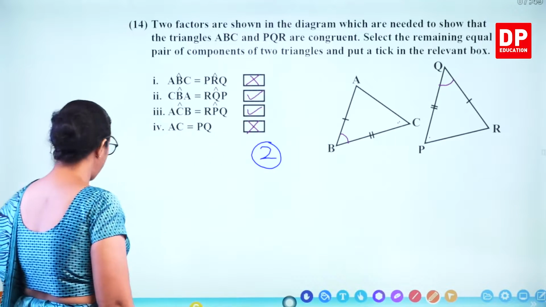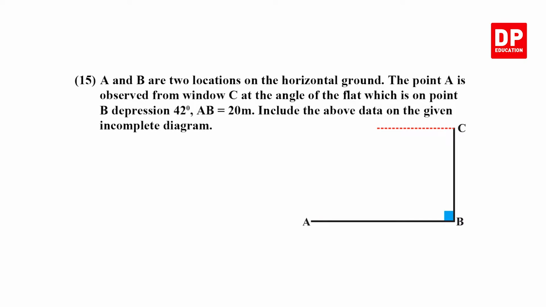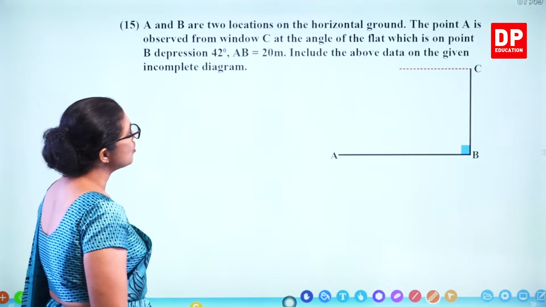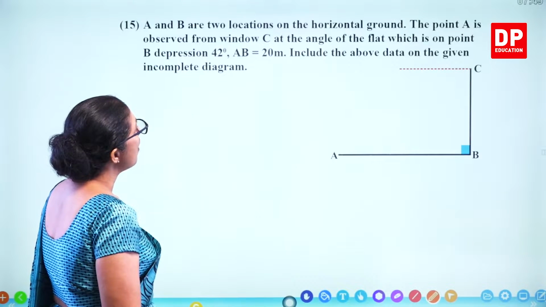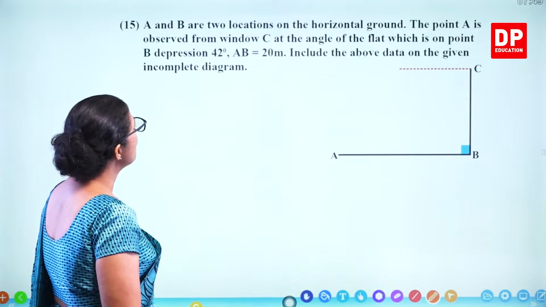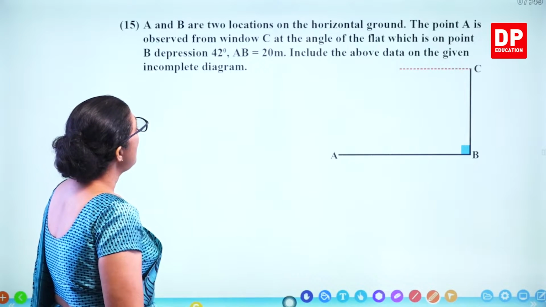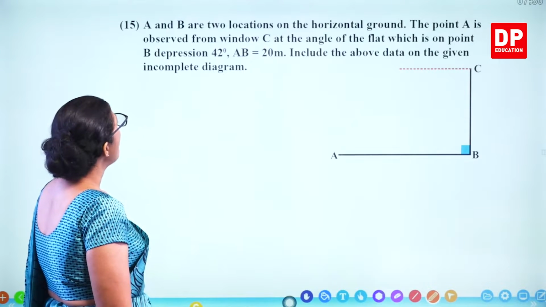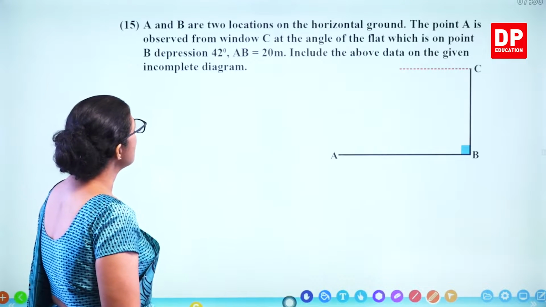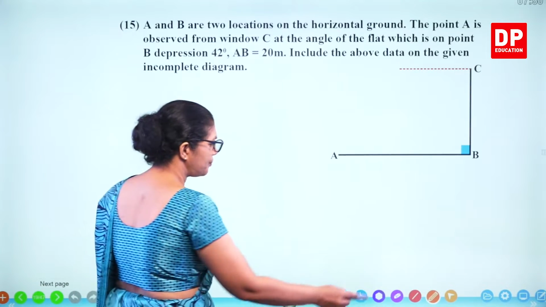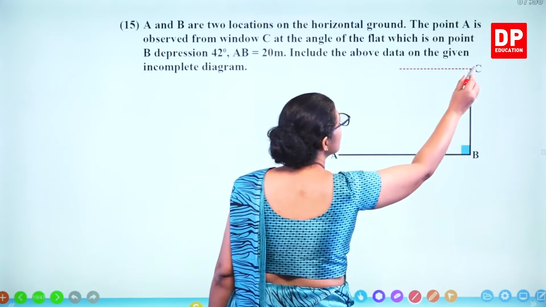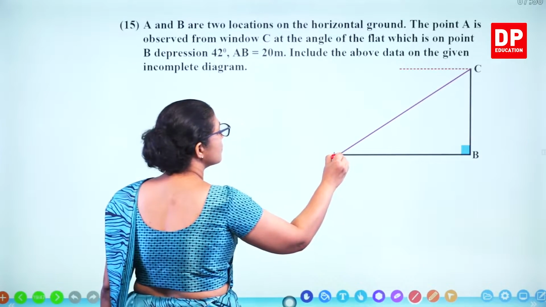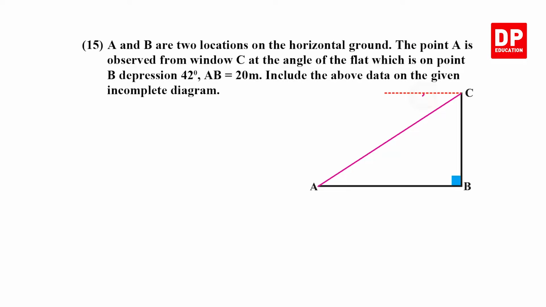Question number 15. A and B are two locations on the horizontal ground. The point A is observed from window C at the angle of depression 42 from point B. So that means this is given 42 degrees.